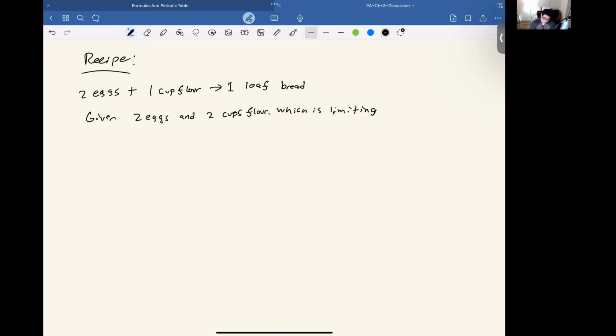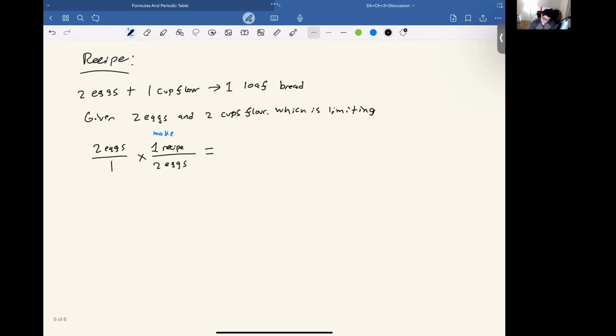So if I have 2 eggs, for every 2 eggs, I can make the recipe 1 time. So overall, from the eggs, I get to make this recipe once. That is how many times I get to make the recipe, right?